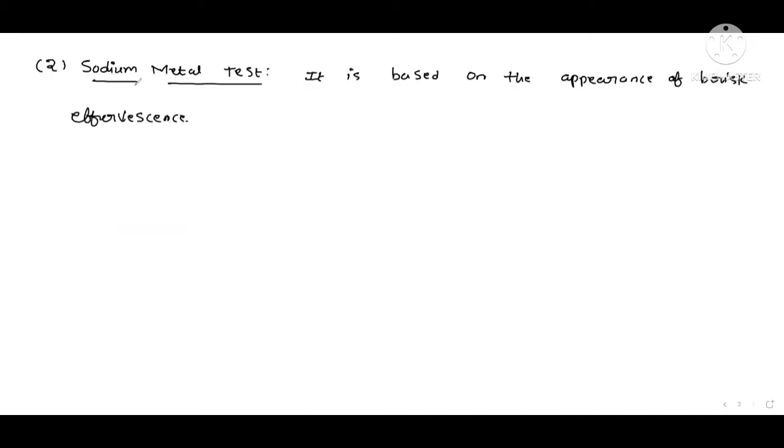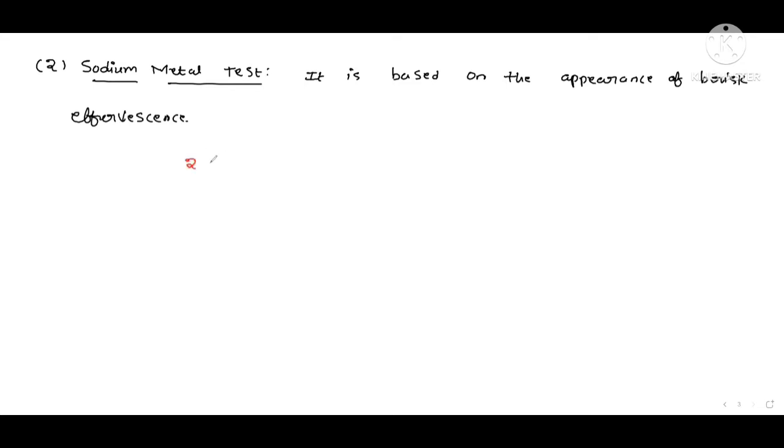Now let us discuss the second test, that is the sodium metal test. This test is based on the appearance of brisk effervescence. When alcohol reacts with active metals such as sodium, it releases hydrogen gas. In this way, you can conclude that the given compound contains the alcohol. Now let us see its reaction.